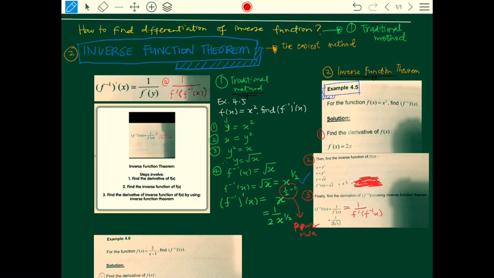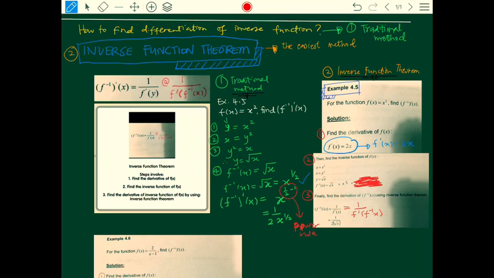So how to do this? It's very simple. First of all, you already found the derivative of f(x), am I right? It is 2x, so f prime of x is 2x.